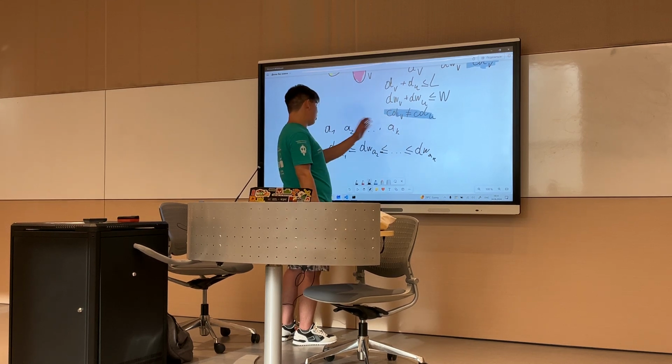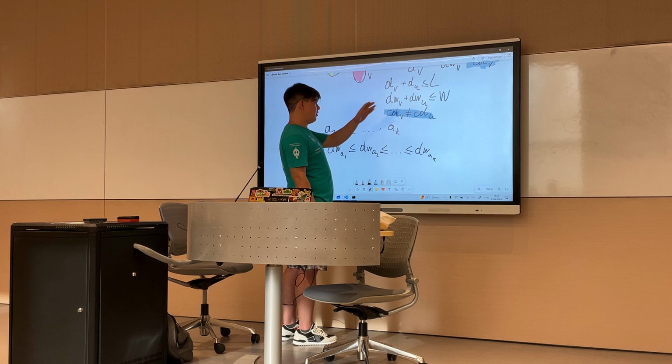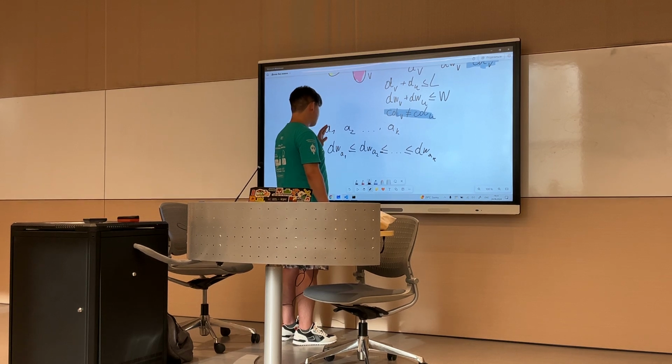Okay, let's sort our vertices by their weight value, and after that, what can we do? Let's go for every vertex from left to right, and let's fix some vertex AI. For that vertex, we need to calculate how many vertices in that array can make a correct pair with it.